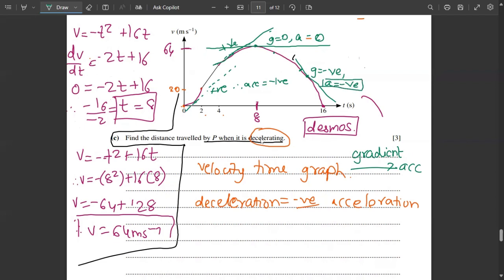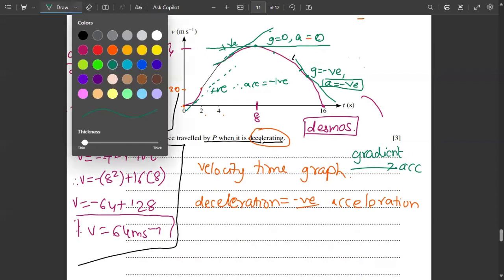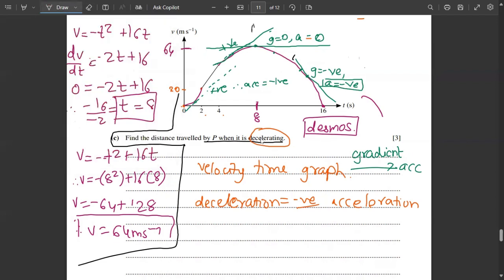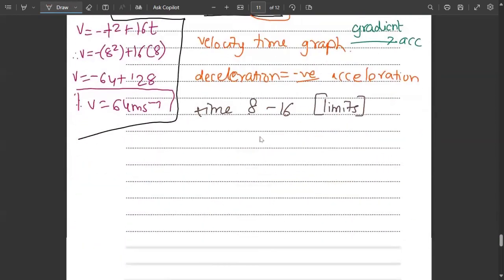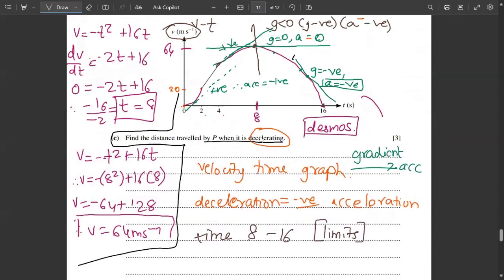That means after this point, as the gradient becomes less than zero, acceleration will also become negative, because this is a velocity time graph, and the gradient of this graph will be the acceleration. So from 8 to 16 is our limit.